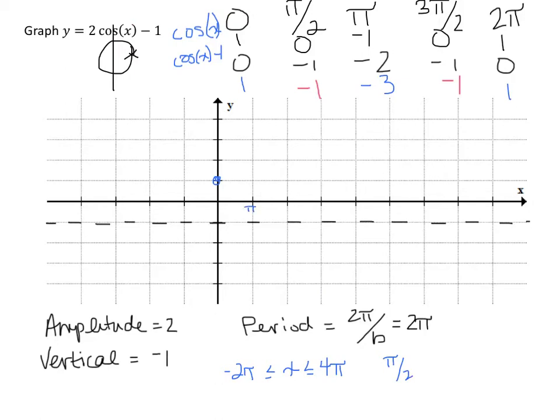So there's pi over 2, pi, and I think of this like 1 pi over 2, 2 pi over 2, 3 pi over 2, 4 pi over 2, 5 pi over 2, and so on. When you move in the negative direction, you do the exact same thing.